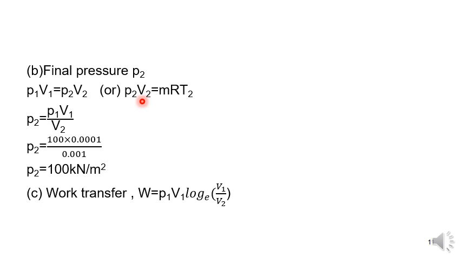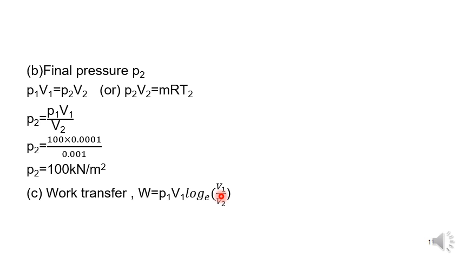So work transfer during the isothermal process, here I am taking the work transfer in terms of volume: P1 V1 log_e V1 by V2. Otherwise you can take the formula as P1 V1 log_e P2 by P1 also.